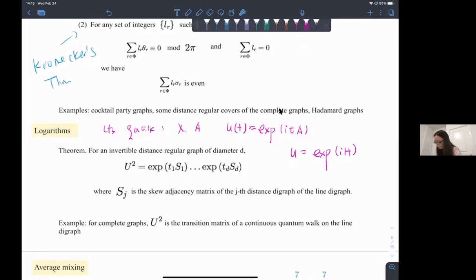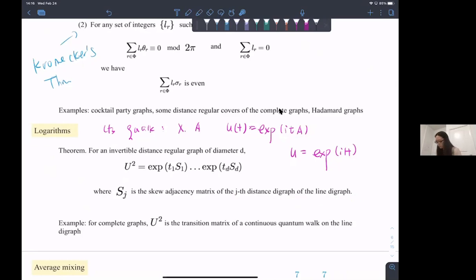This is saying that when you take the square of U, it factors into a bunch of transition matrices of this form. Moreover, each of these Hermitian matrices H here is the skew adjacency matrix of the j-th distance digraph of the Lie digraph. So there are a lot of combinatorial relations between the discrete walk on the original graph and the continuous walk on these directed graphs.